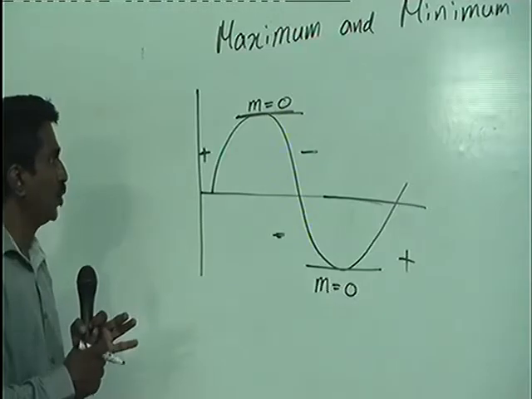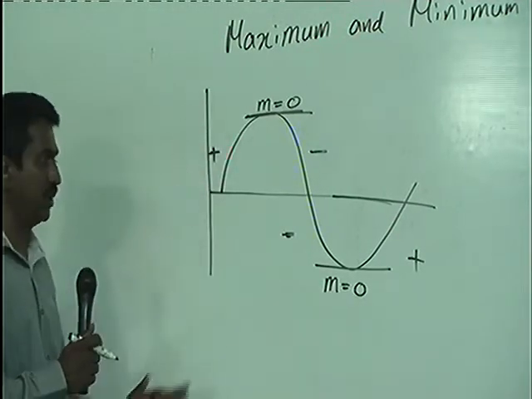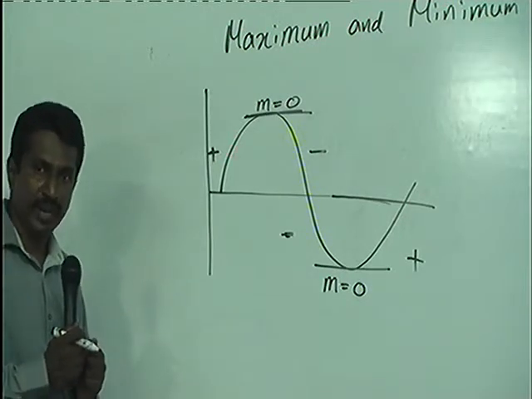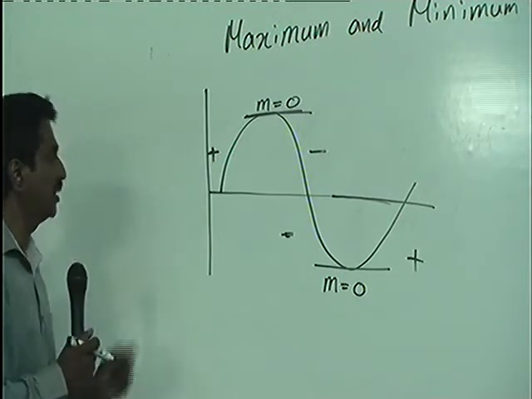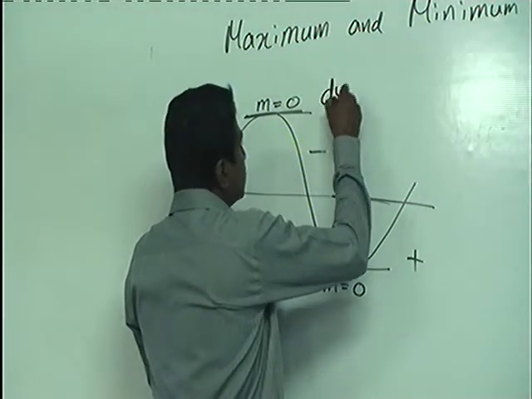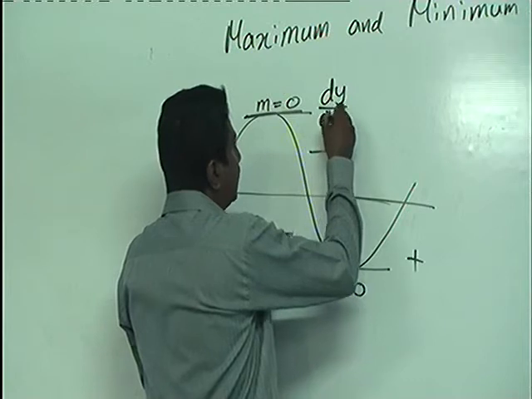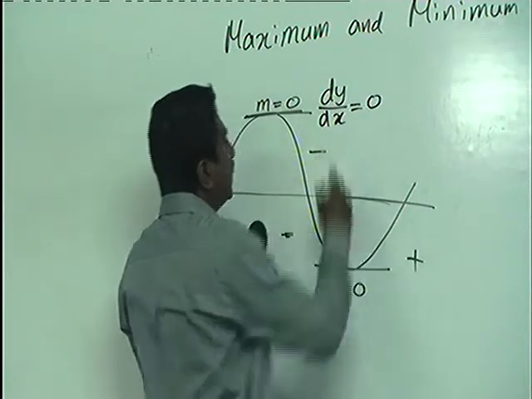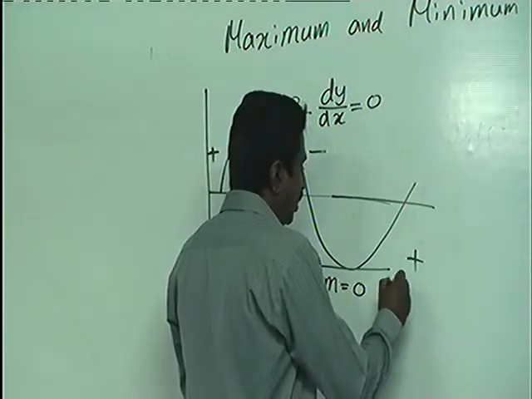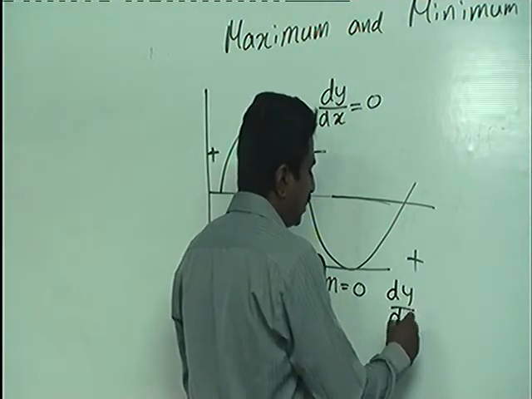So at the maximum point the gradient is 0, and at the minimum point also. We did the calculation last time: dy by dx is the gradient. So at the maximum point dy by dx equals 0, and at the minimum point also dy by dx equals 0.